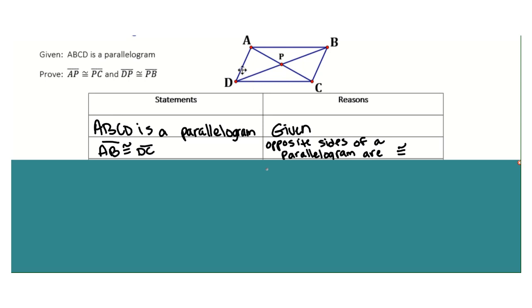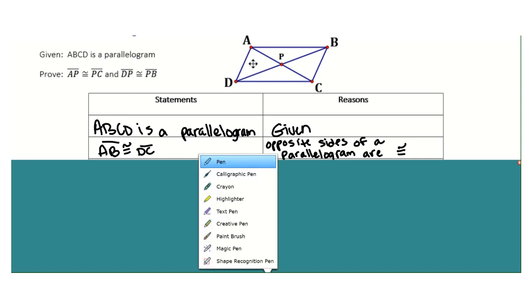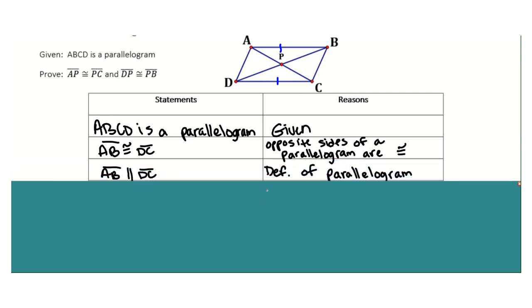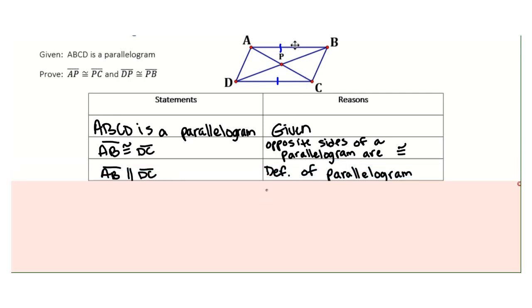So I can say that AB is congruent to DC. And I know that AB is parallel to DC. And that's the definition of a parallelogram. These sides are going to be parallel and these sides are going to be parallel.